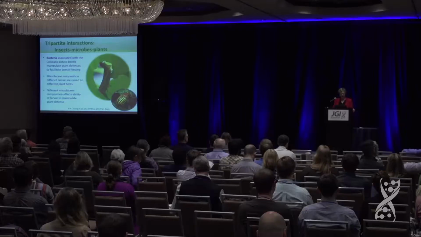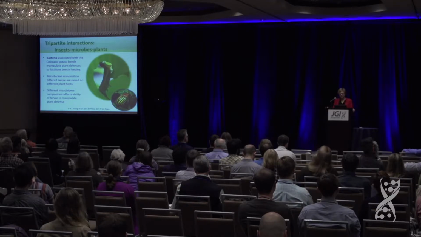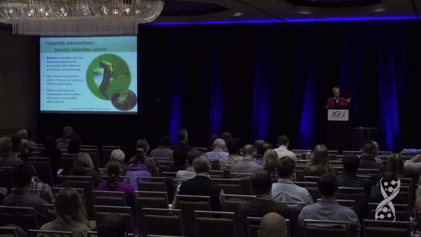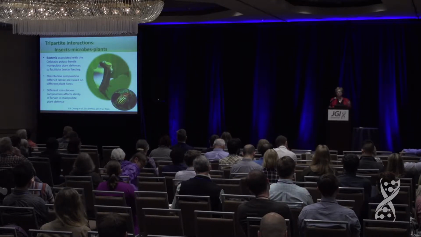And there's been some really wonderful work out of Gary Felton's lab that's been published that many of you are probably seeing, because they had a very nice paper in Science Reports just recently, where bacteria associated with the Colorado beetle larva manipulate plant defenses. So as the larvae are feeding on the plant, they're chewing and they're disrupting the structure of the plant.